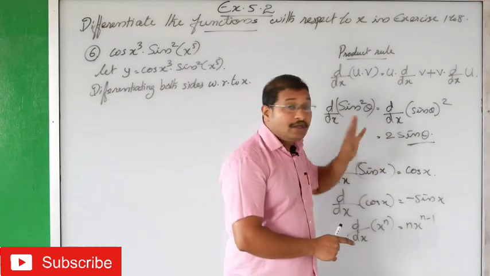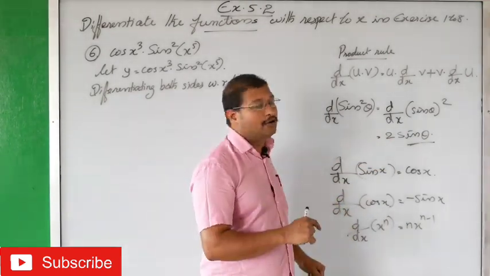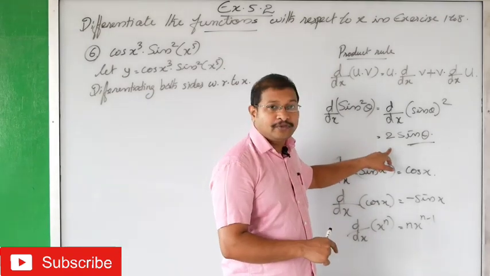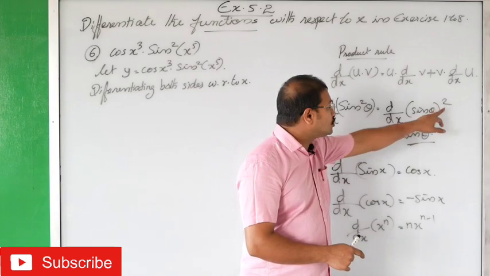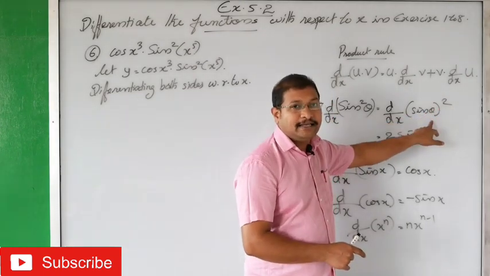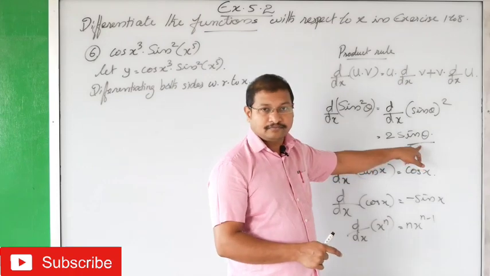That means what you will do? We will follow here x raised to n. X raised to n means what you will do? N into x raised to n minus 1. Derivative of sine square theta or sine theta the whole square equals 2 into sine theta.